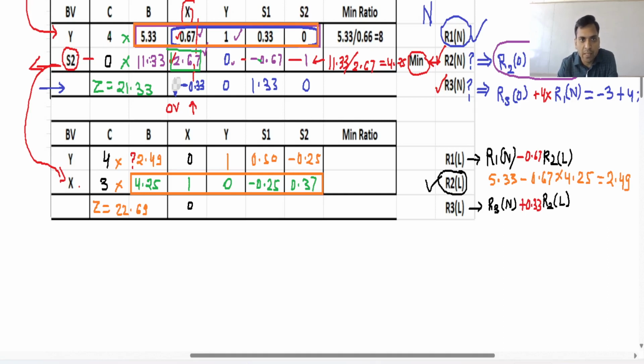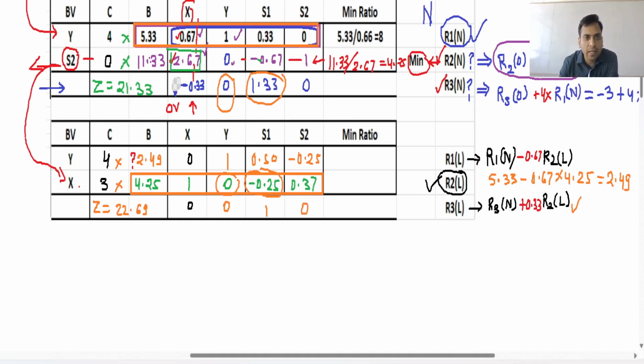So to find this, we will use its old value, and 0.33 times this second one. So on adding this, you will see this term as 0, and on applying this relationship for this quantity and this quantity, you will see this quantity as 1 and this quantity as 0.